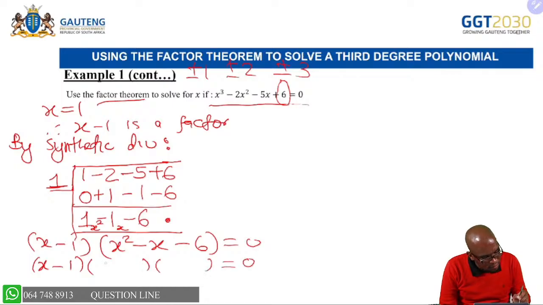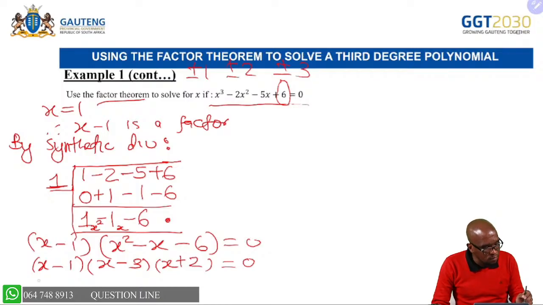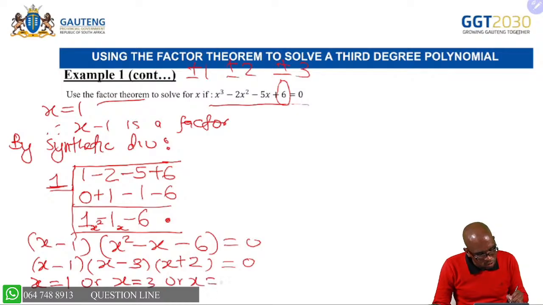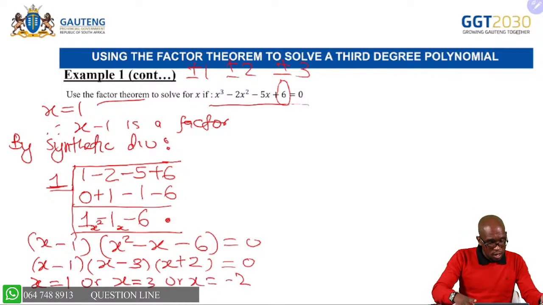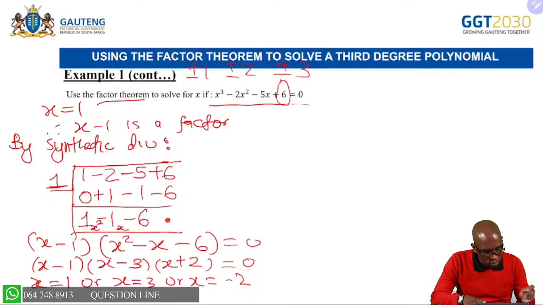If I use the trifactor method, I have that x and x there. And then I have 3 and 2. The bigger one should be negative. 2 should be positive. So x is equal to 1 or x is equal to 3 or x is equal to minus 2. That is through synthetic division. I found the values of x.